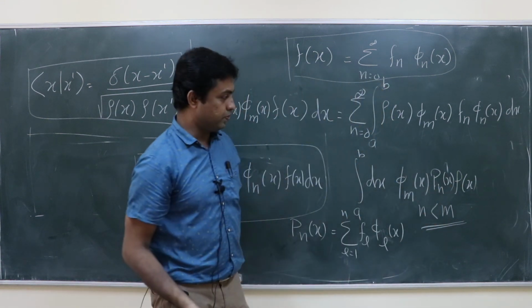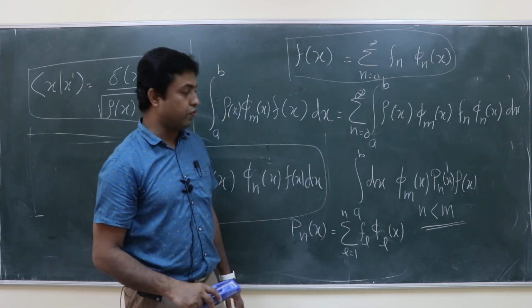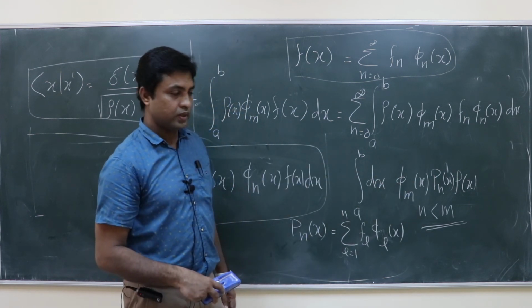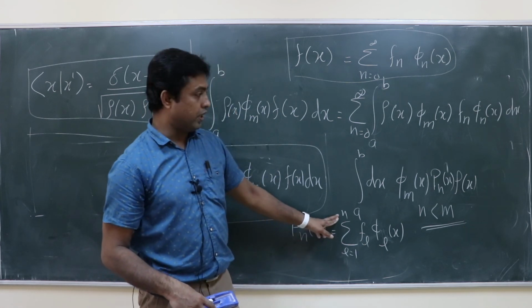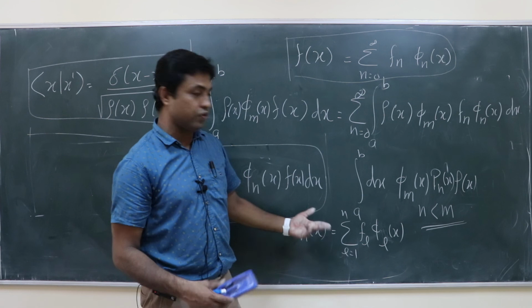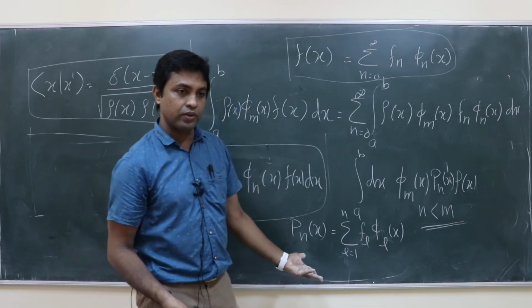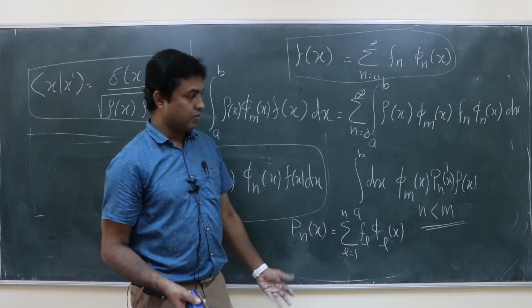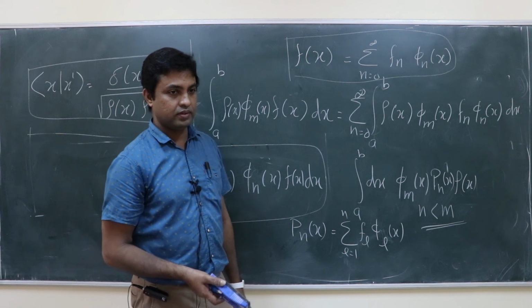Is the integral of p n of x, phi m of x, rho of x dx, 0? Obviously, because this sum is going up to n only, and phi m is orthogonal to all of the others. So phi m will be orthogonal to any polynomial of lower order, according to the orthogonality relation.